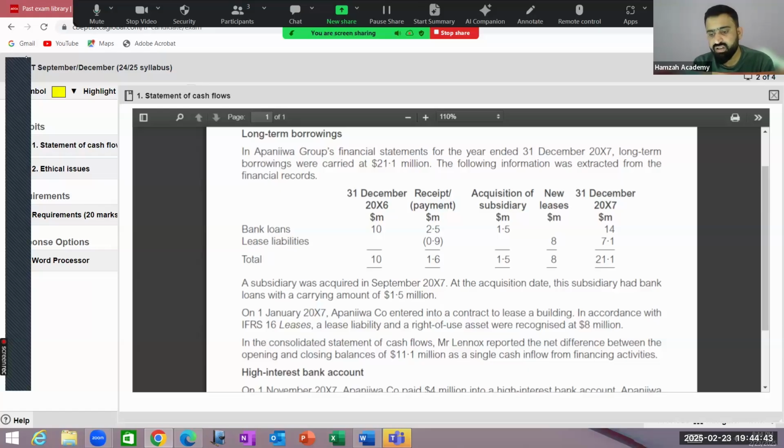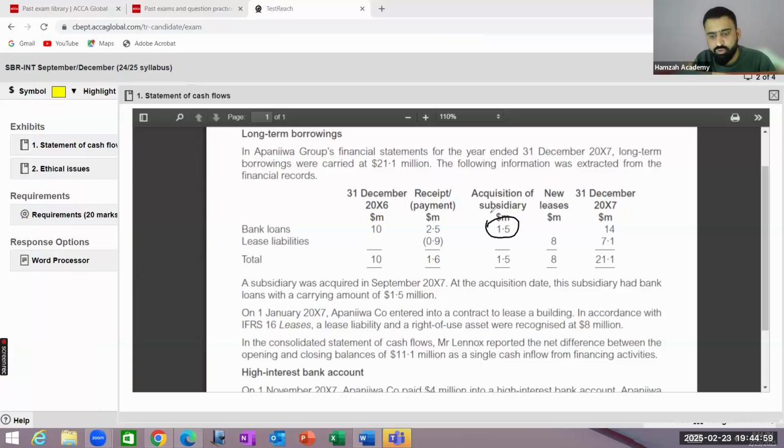Then we have the acquisition of a subsidiary. Now, when we acquire a subsidiary, that subsidiary also has a bank loan with them. Now, this 1.5 million, keep in mind, is not a cash inflow. It is an acquisition of a liability.